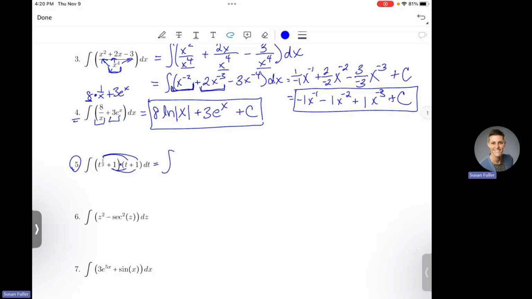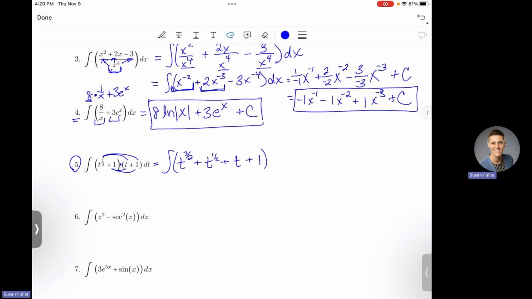So when I FOIL this out, I get the first, t to the 1/2 times t, that's t to the 3/2, plus the outside, t to the 1/2 times 1 is t to the 1/2, plus the inside, 1 times t is t, plus the last, which is 1 times 1, which is 1.